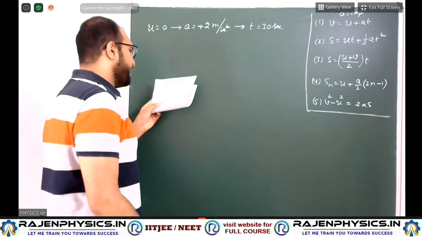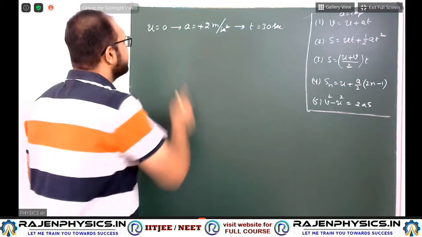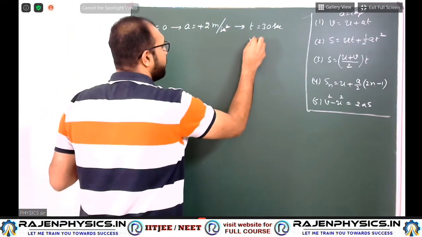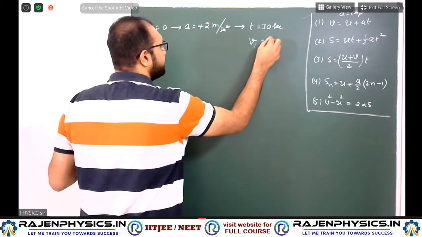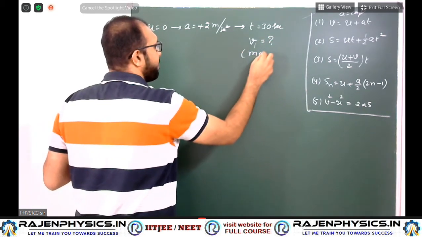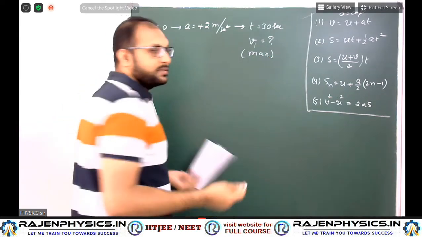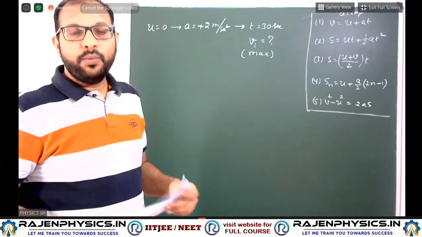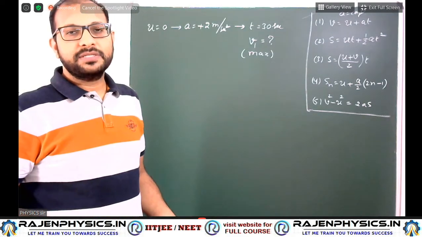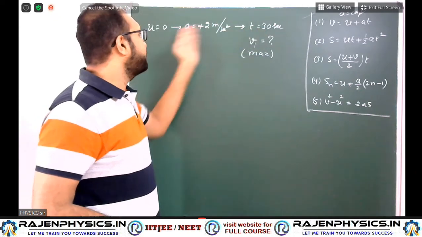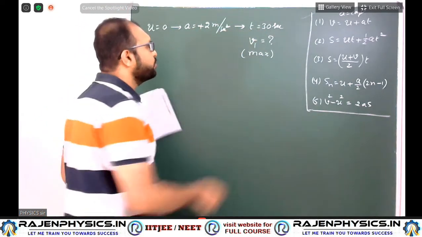This is complete acceleration. Here whatever may be the speed V1, this is known as the maximum speed. Why maximum speed? Because after this speed, brakes are applied again. Once brakes are applied, speed reduces. So that is the speed after 30 seconds.